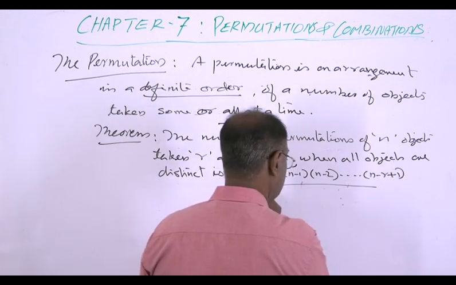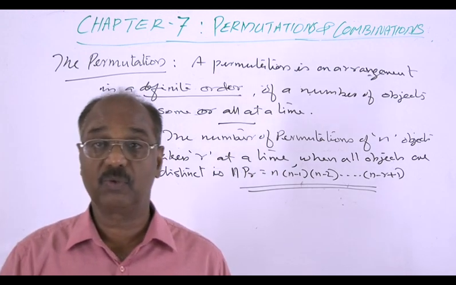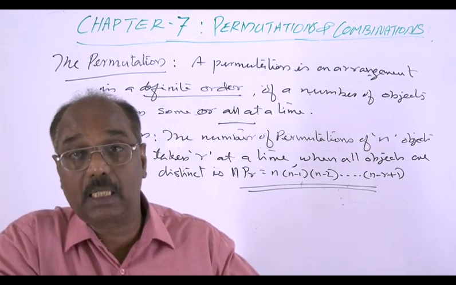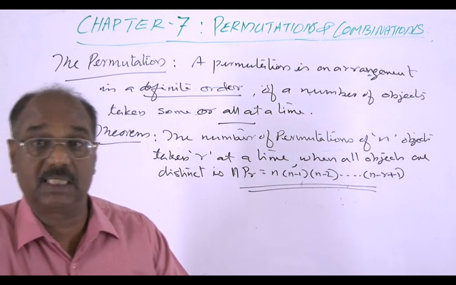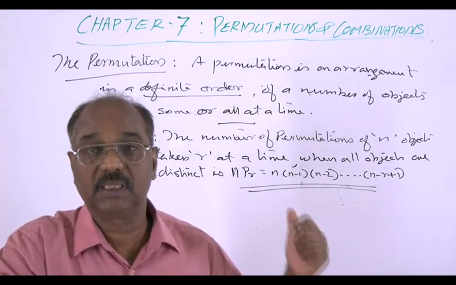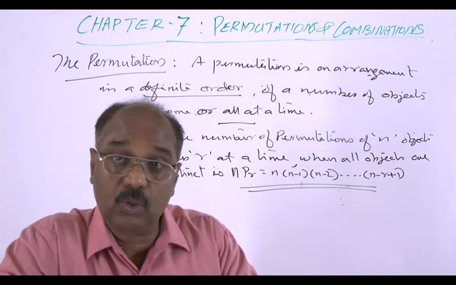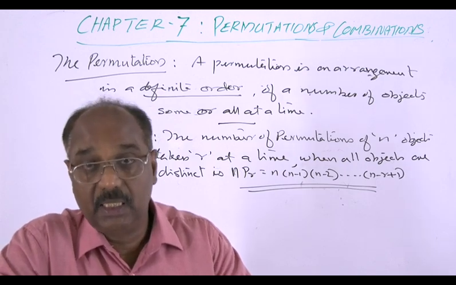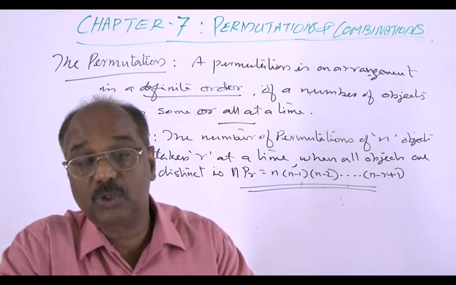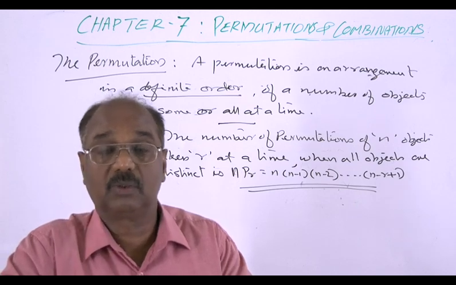This is the number of permutations of n objects taken r at a time when all the objects are distinct. So we can prove this.